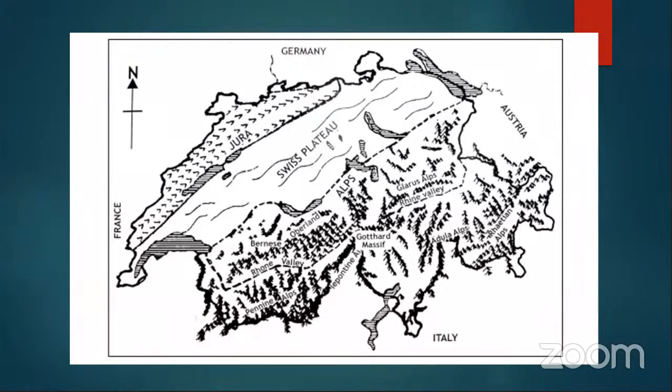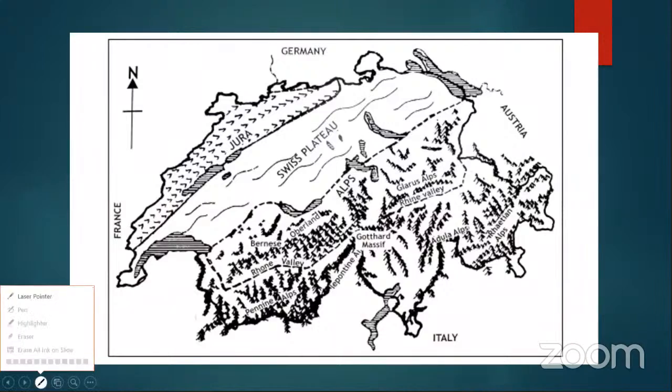Do you see on that map the Rhine Valley? Yes, that is where River Rhine is, on that dotted line. Yes, that is River Rhine.